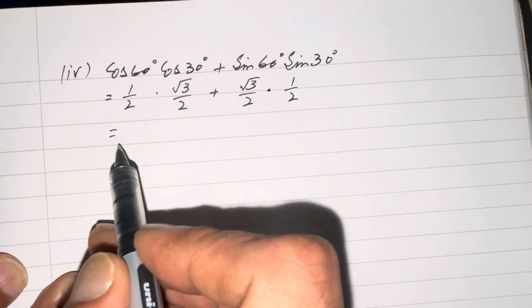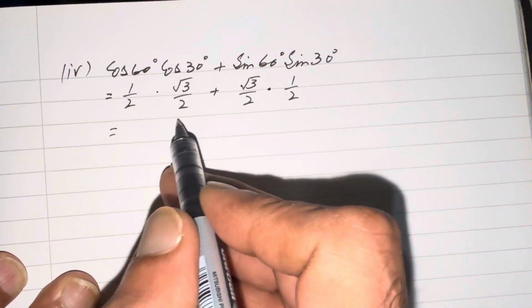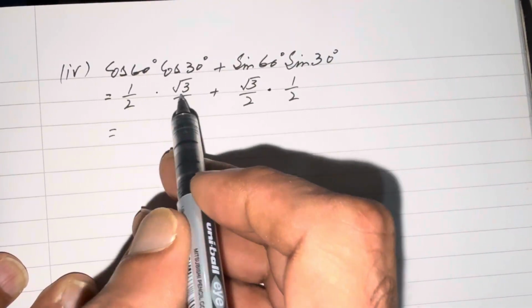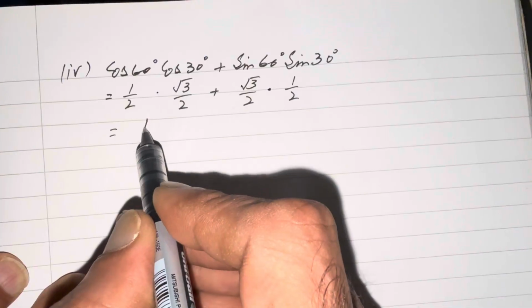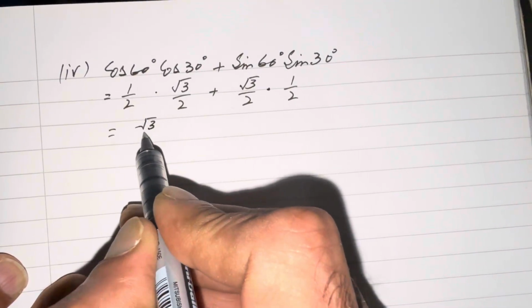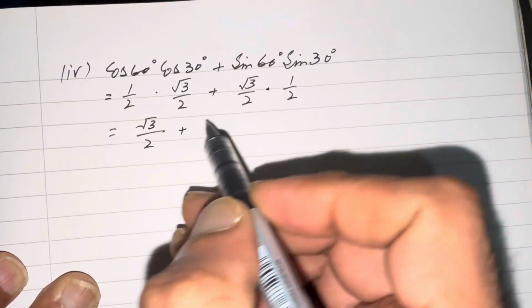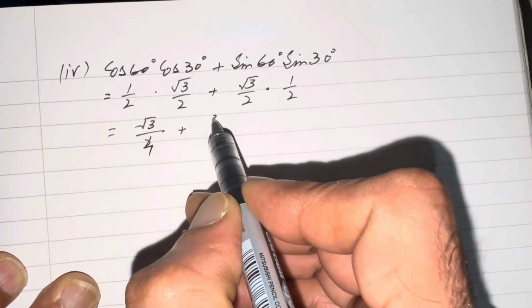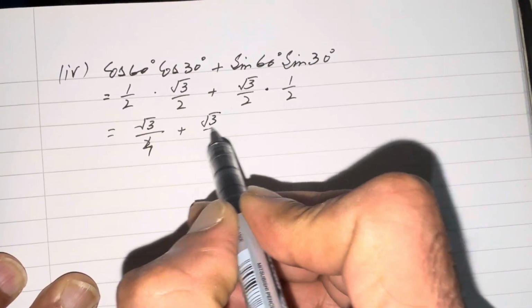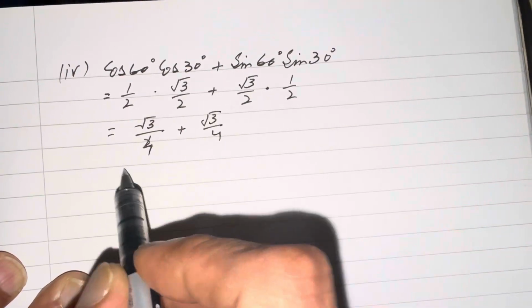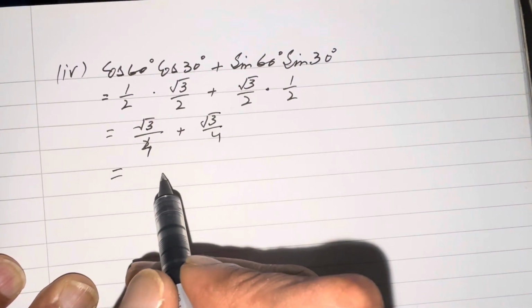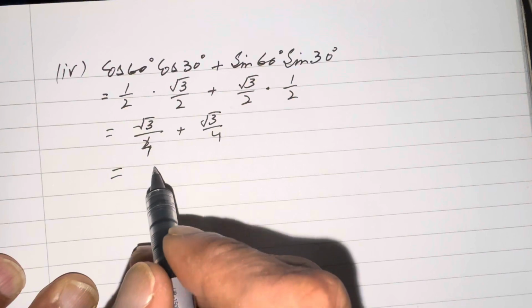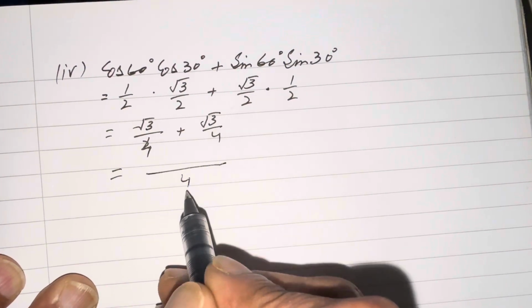Just to simplify these things, multiply them with each other, so that will become root 3 divided by 2 times 2, that is 4, plus root 3 divided by 4. Now take the LCM, which will be 4.